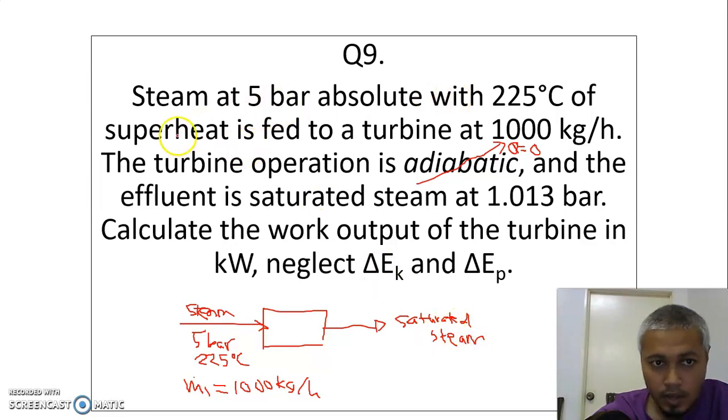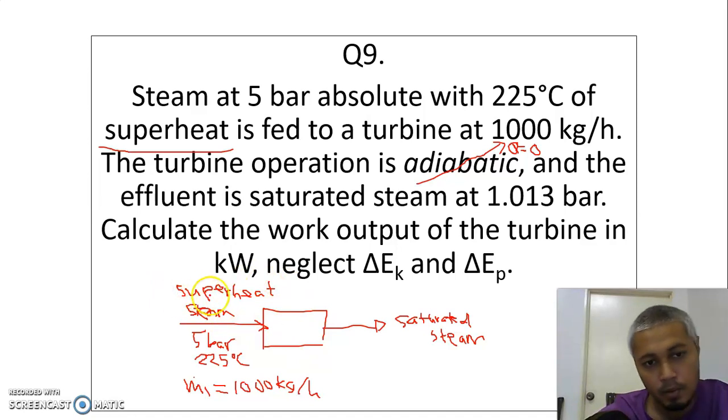Before that, we know that the inlet is superheated. Why do we need to know the state of the steam? Because from the steam table later on, we need to look at either table B.6, table B.5 or table B.7 to get the answer, for the inlet and also the outlet.